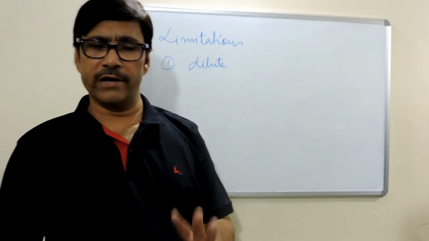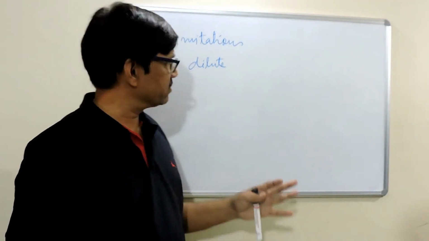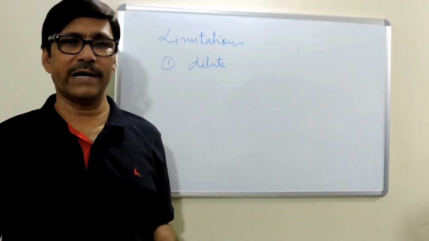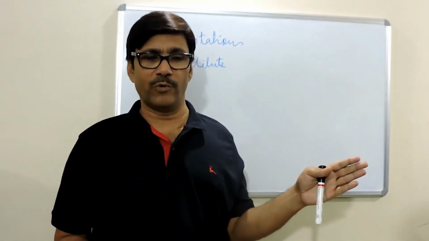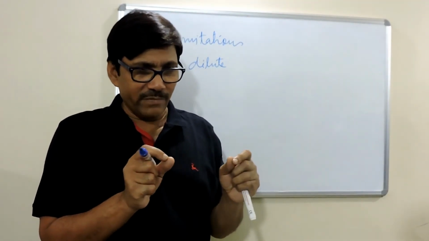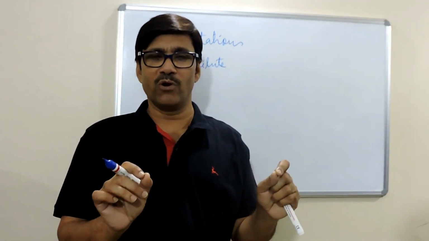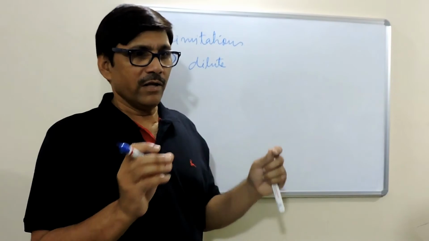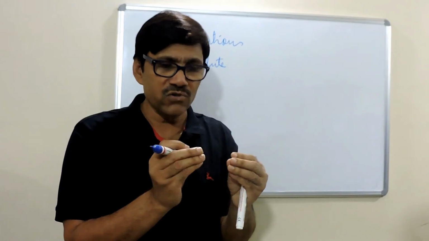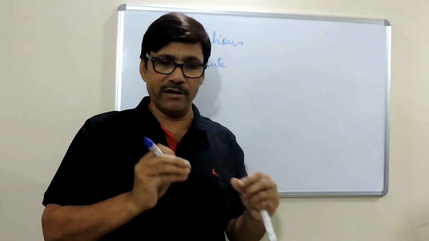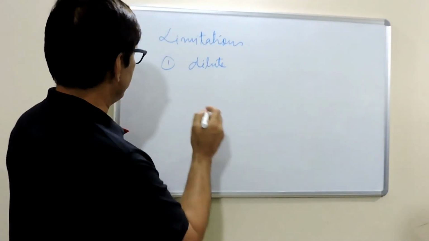This condition I had given earlier also in lowering of vapor pressure. Now, why should the solution be dilute? Always we say that solution should be dilute. It is assumed, whenever we are deriving this formula, that there is no interaction between solute molecules when we have added them to the solvent. Means each solute molecule is free. But if the solution is not dilute, if it is concentrated, the solute particles are very close to one another and there will be some interaction. There will be interaction between solute and solvent molecules also. So the solution should be dilute.